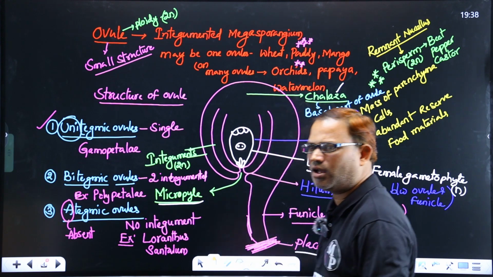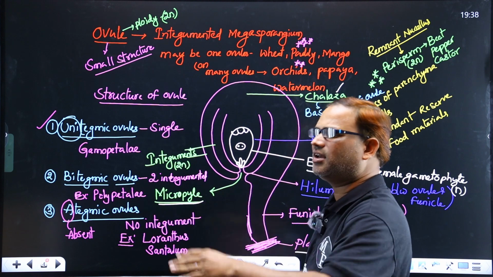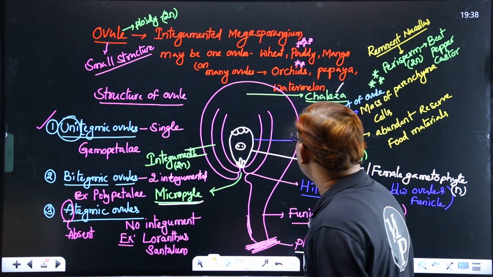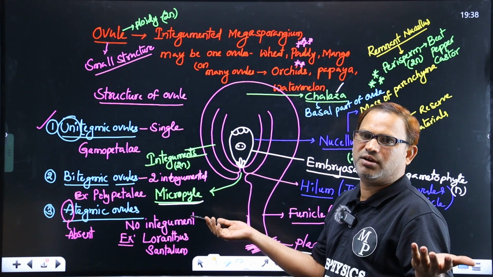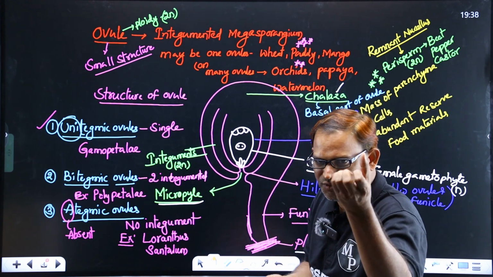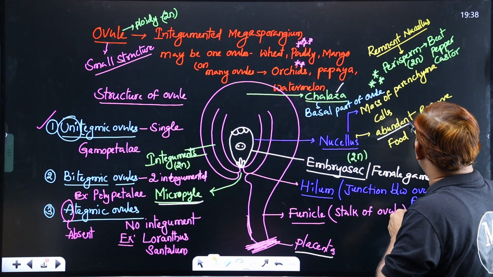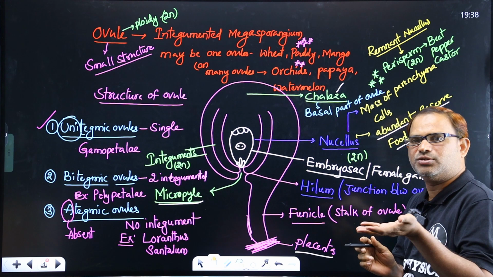Parenchyma has 3 functions: PSS means photosynthesis, storage and secretion. By photosynthesis they can prepare food material. Such food materials are present inside the nucellus. That's why abundant reserve food materials are present in the nucellus.